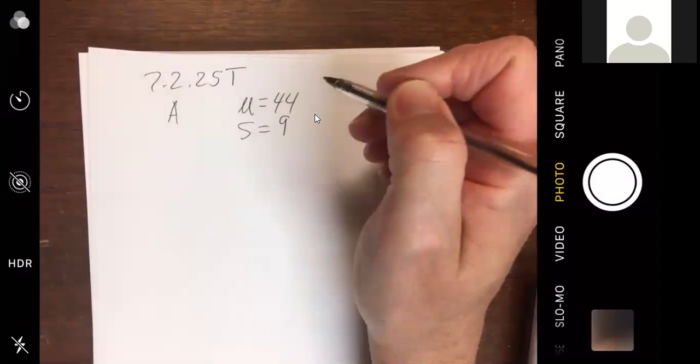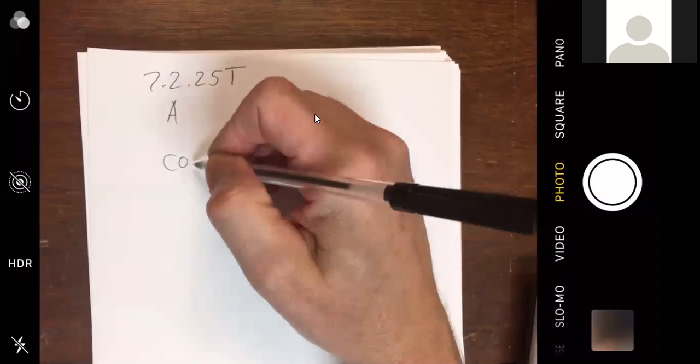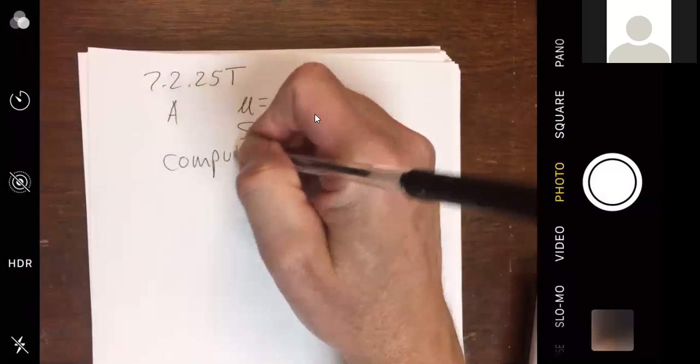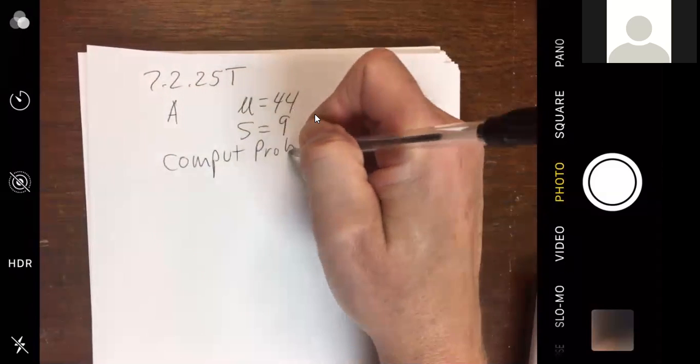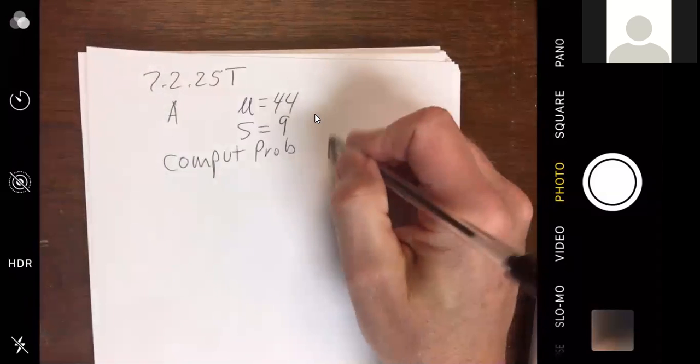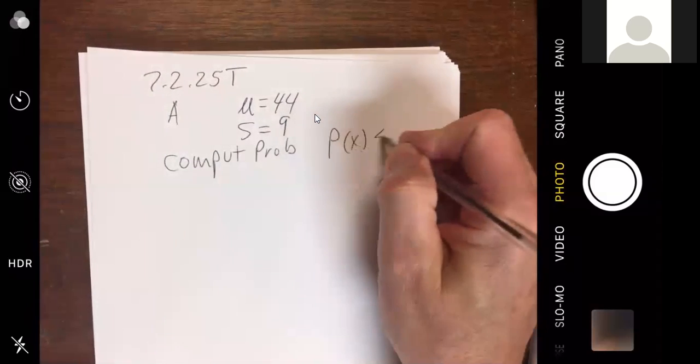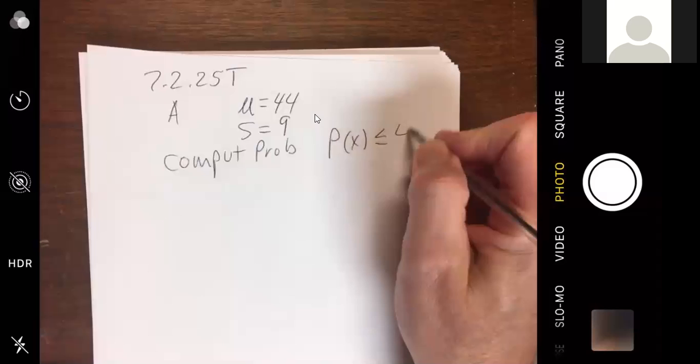Compute the probability, and be sure to draw a normal curve with the area corresponding to the probability shaded. So they say, which of the following shaded regions corresponds to P(x < 41)? And they want you to pick a diagram?